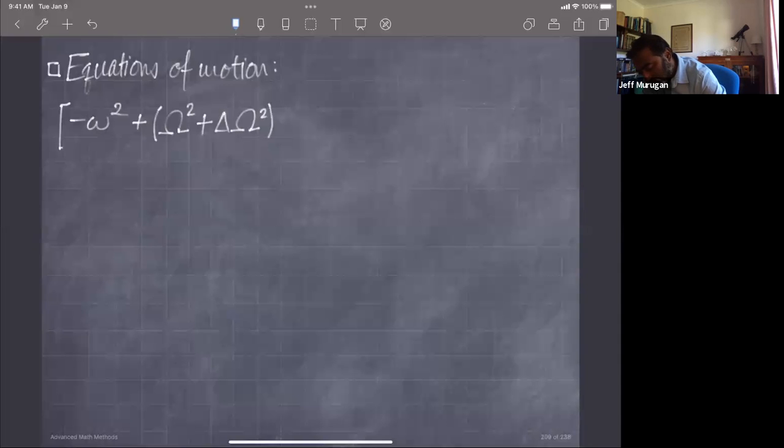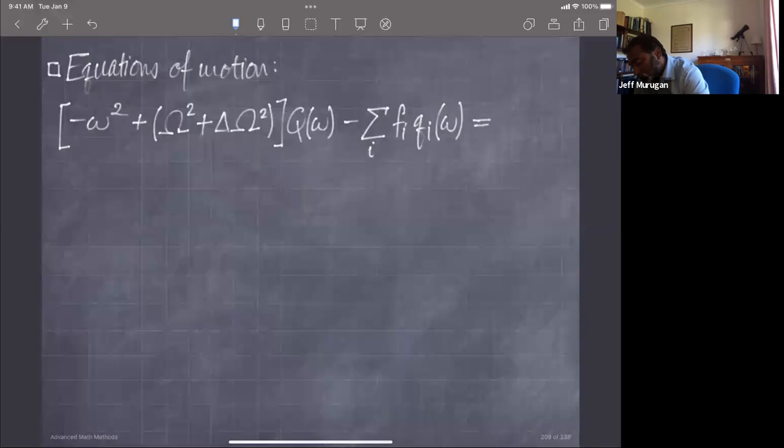That was that frequency shift variable that we chose. All of this times Q of omega minus the sum over i of fi qi of omega. And this was equal to 0.